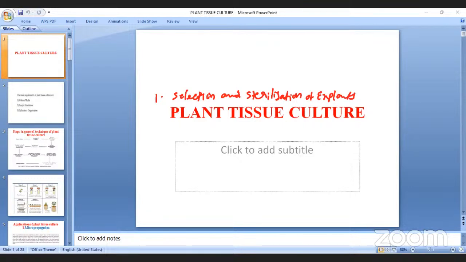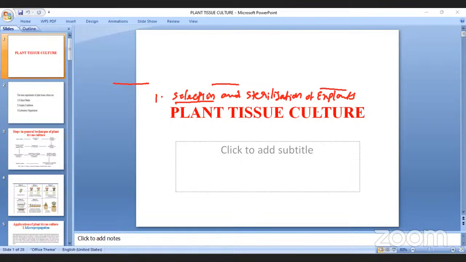That is the first step. First, we have to select the explant. Where is the explant from? Explant is taken from the plant. So the intact explant, the excision of explant and proper trimming of explant.